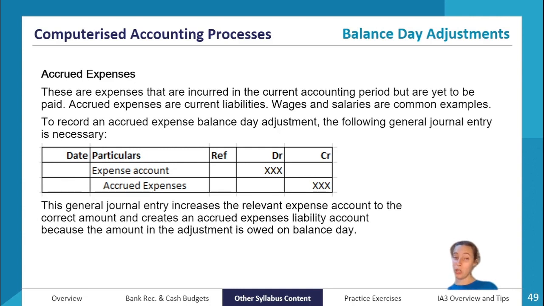So it could be wages, for example, and then a credit to accrued expenses. So the general journal entry increases the expense account to the correct amount, because we've actually got more expenses, and then it creates an accrued expenses liability account because the amount in the adjustment is owed on balance day.